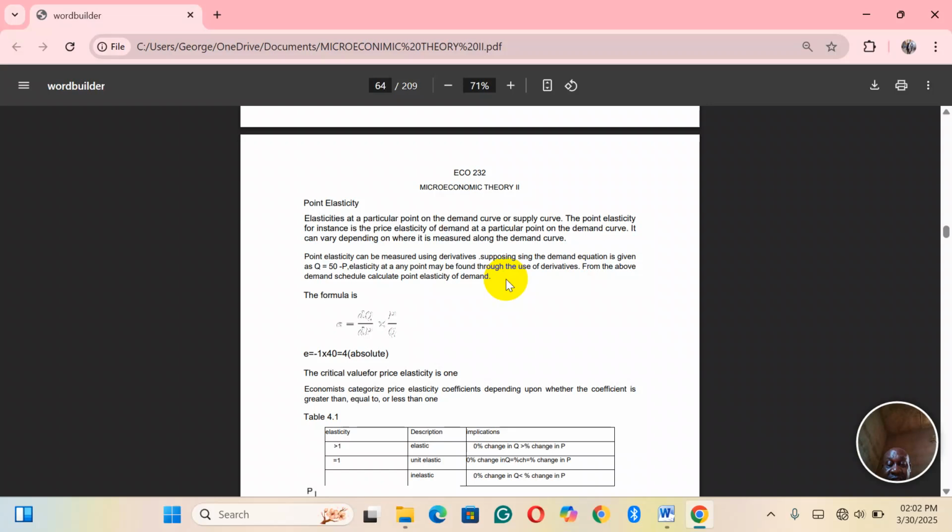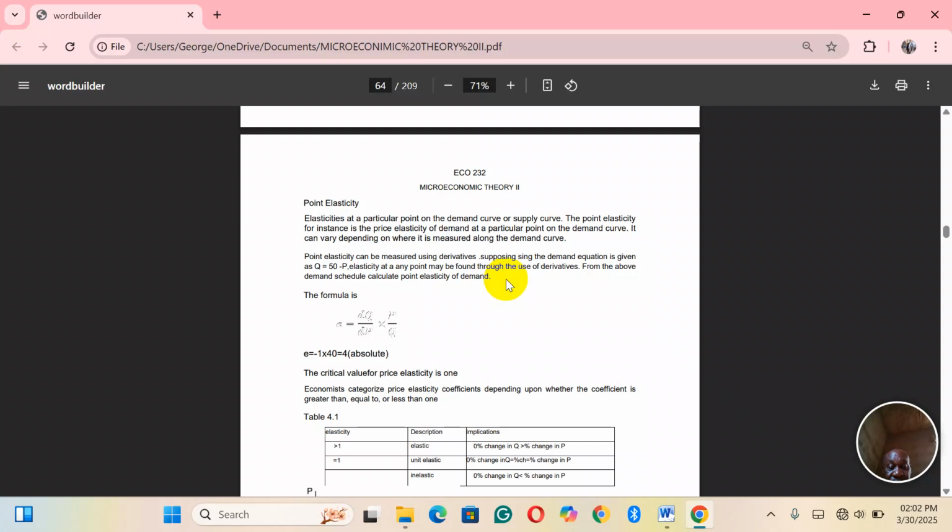Supposing the demand equation is given as Q equals 5 minus P, elasticity at any point may be found through the use of derivatives from the above demand schedule calculation. So elasticity is equal to minus 1 times 40, equals 4, which is the absolute value.